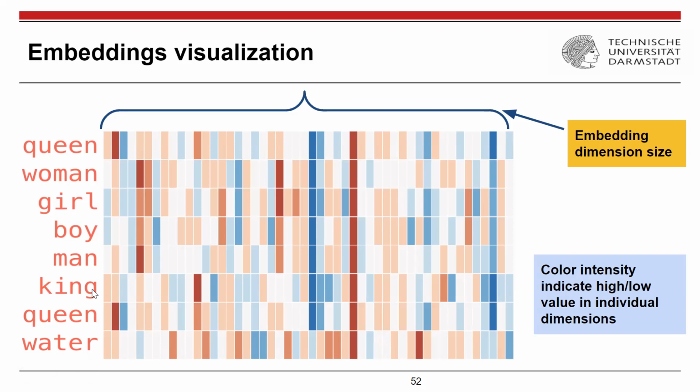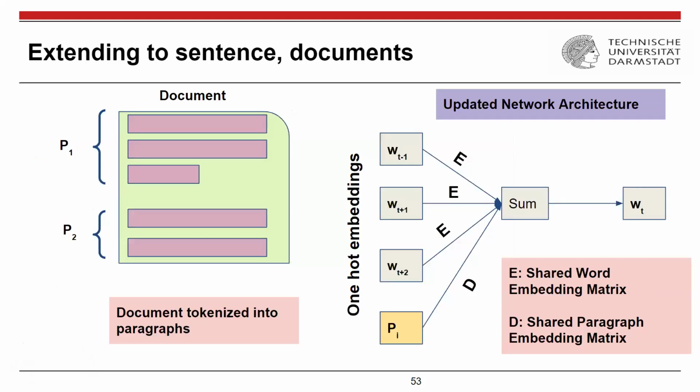This is a very interesting property that a lot of people have seen, and it has been utilized in various real world applications. So this is how word embeddings work and how you can use them to get vector representations for words.